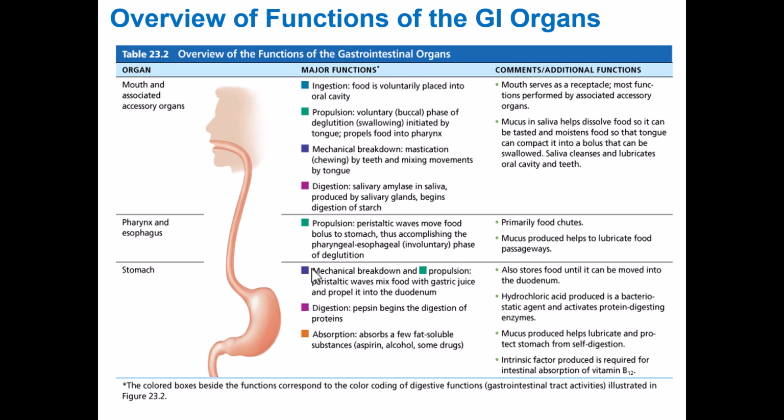It gives you the major functions, and they even color-coded and named all of the 6 different functions of the digestive system. Go back to that overview lecture where I said I want you to pay attention to what processes are happening in which organs. Well, it tells you in this table right here. This is great, so come here and use this table.